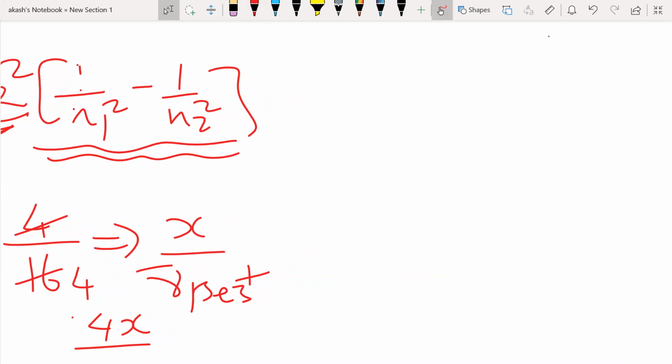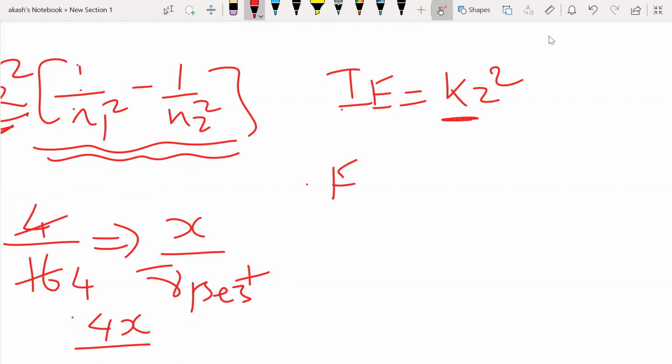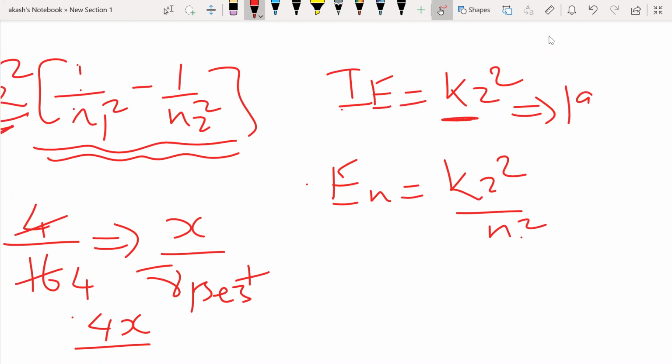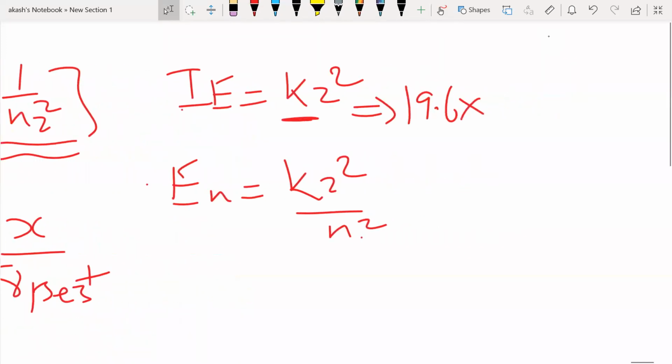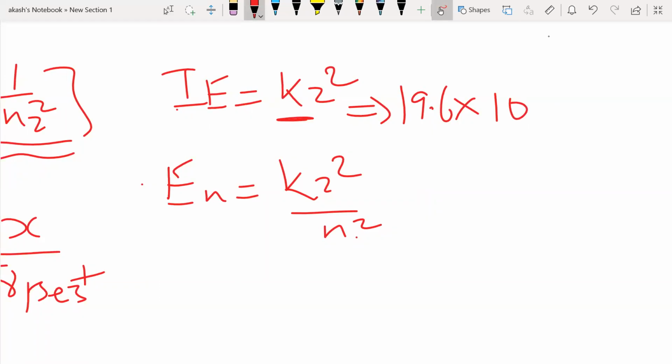We know the ionization energy is k Z squared, nothing else. So just find this k, and then substitute it in the energy En, which is equal to k Z squared by n squared. This is given as 19.6 into 10 to the power minus 18 joule per atom. For helium, Z is 2, so Z squared will be 4.